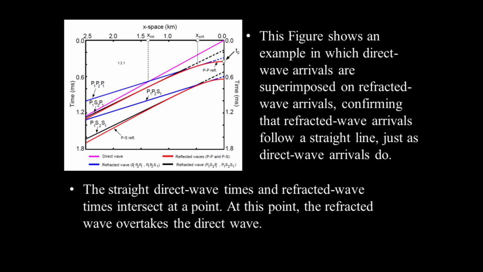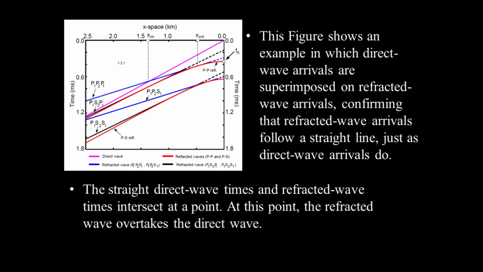This figure shows an example in which direct wave arrivals are superimposed on refracted wave arrivals, confirming that refracted wave arrivals follow a straight line, just as direct wave arrivals do. The straight direct wave times and refracted wave times intersect at a point.